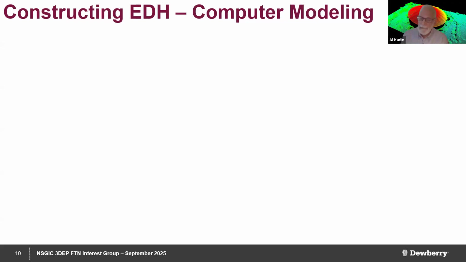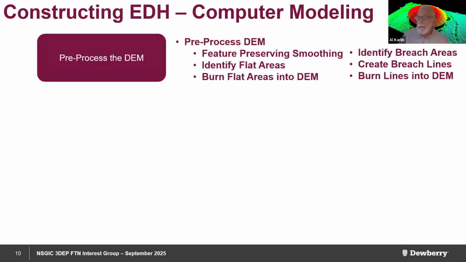And Dewberry, of course, has taken these basic tools and wrapped them in Python wrappers to make them more accessible to staff. Many of the innovations that I'm going to talk about are specific tools for the pre-processing of the elevation models.